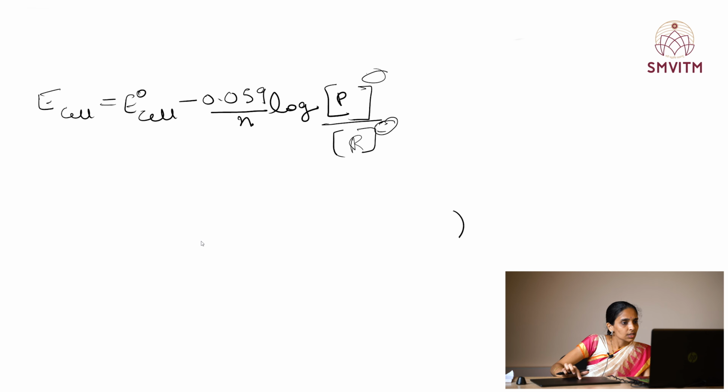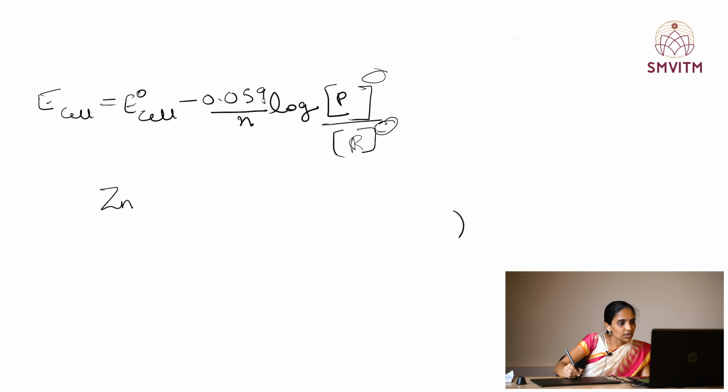So here you have to know how to write the value of N. The equation will be given to you, the cell reaction equation. Based on that you can write the formula.